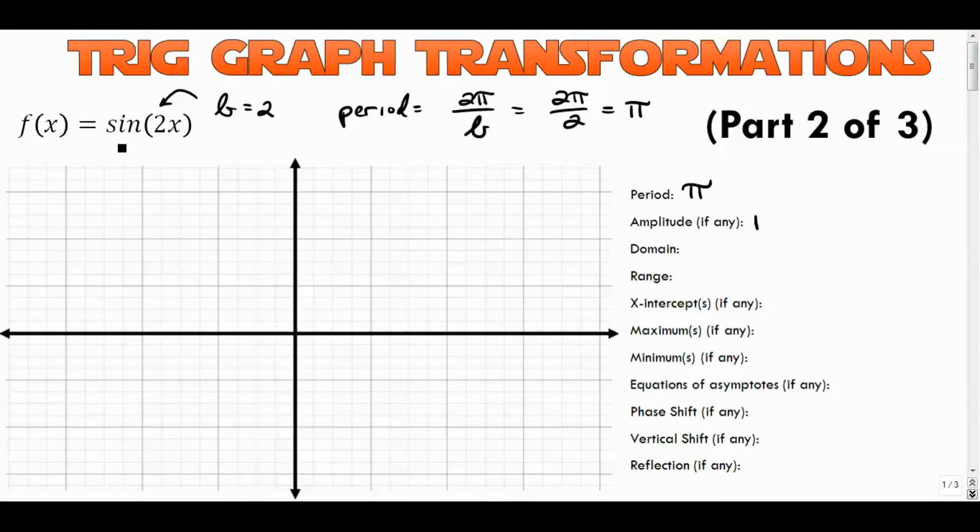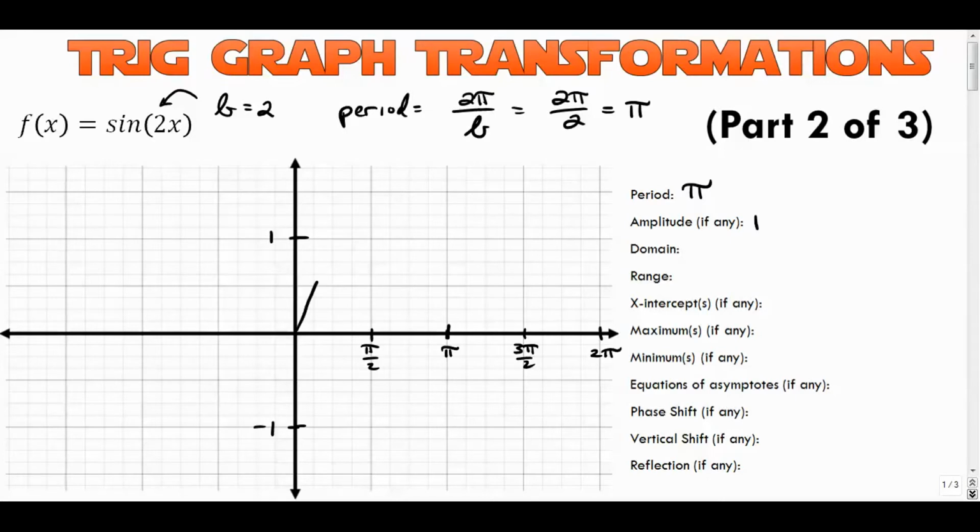So this graph is going to finish one cycle in half the length of the normal sine. Everything else stays the same, so I'm going to still bring it up to +1, down -1. If this is pi, then this is pi over 2, this is 3 pi over 2, and this is 2 pi.